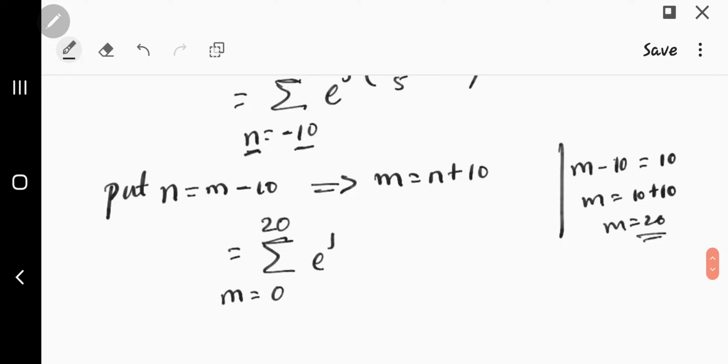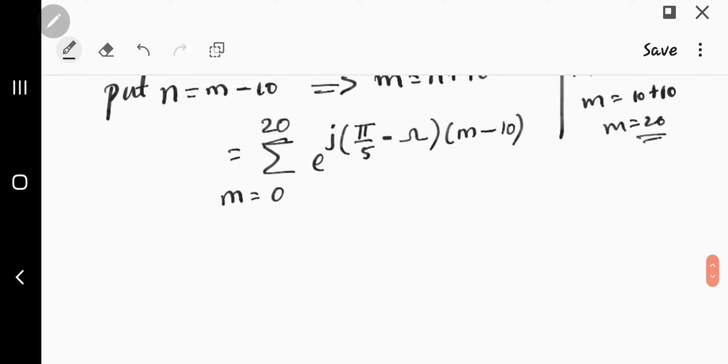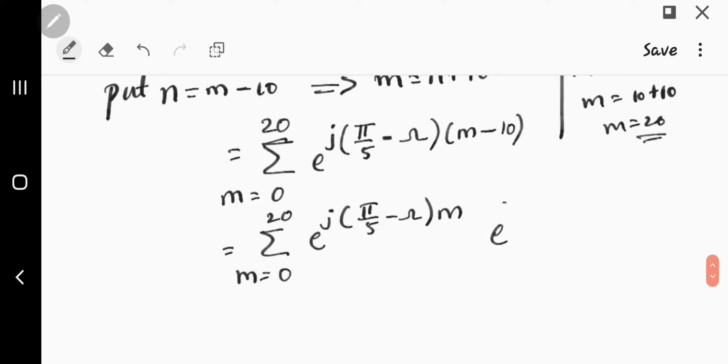Now here e power j pi by phi minus omega into, in place of n, we have to replace that with m minus 10. Now if you multiply that, you will get m is equal to 0 to 20 e power j pi by phi minus omega into m, and e power minus j pi by phi minus omega into 10.